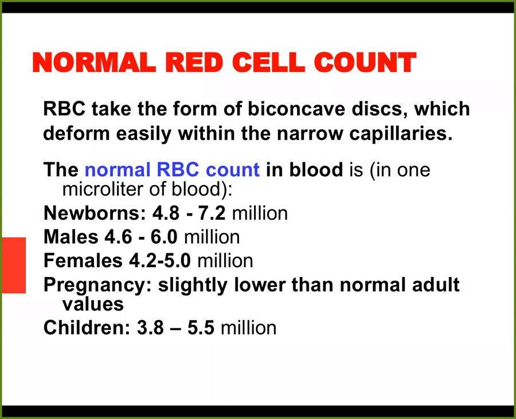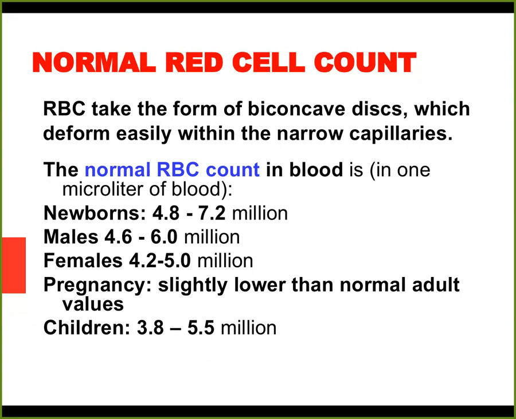The main function of red blood cells is transportation of gases like oxygen and carbon dioxide. Normal amount of red blood cells you may find in this picture. Again, they depend on age and gender, and in males slightly more compared to females.